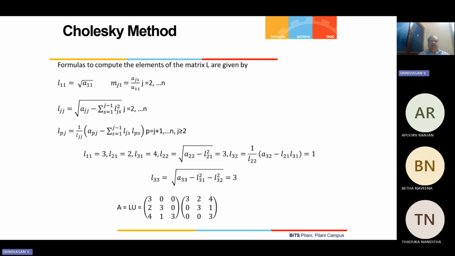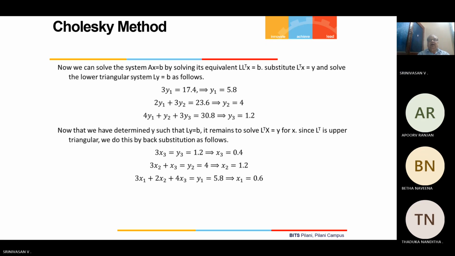So as usual, L transpose X equal to B. We had LU X equal to B and UX equal to Y, all those things.